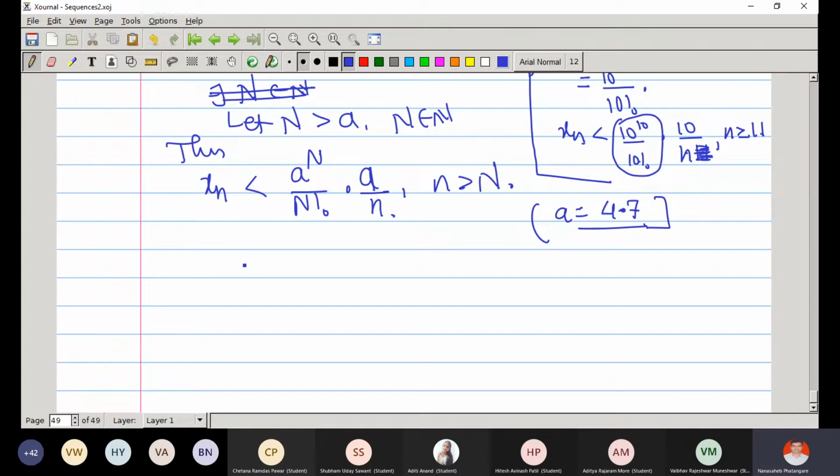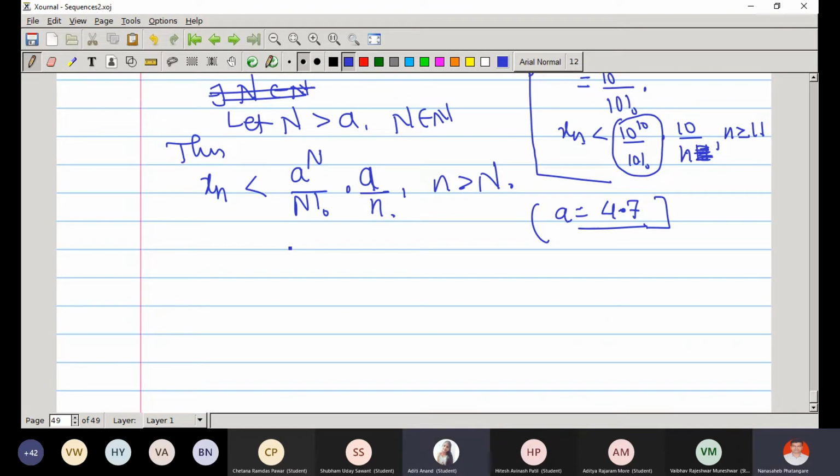Then your proof is clean and clear. Like you have taken a raised to n by n factorial, so it can be less than 1 also. No problem. But in any situation, we can find n which is greater than a, and for such n this is certainly true.